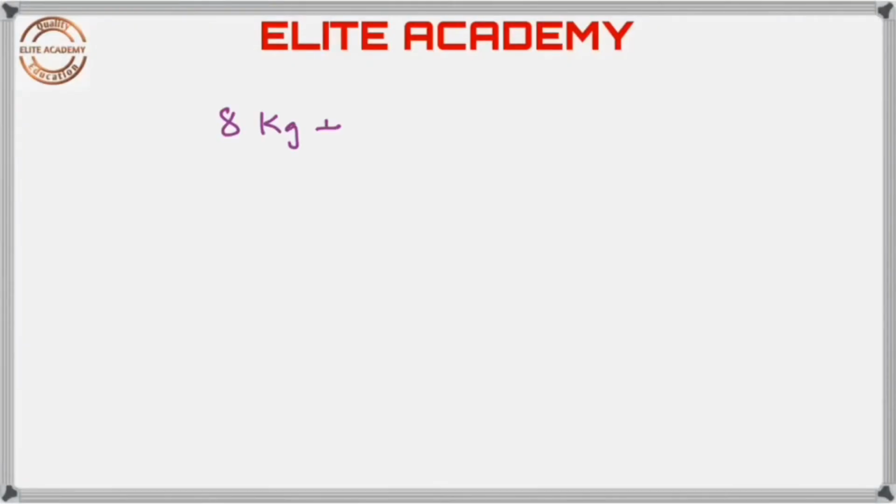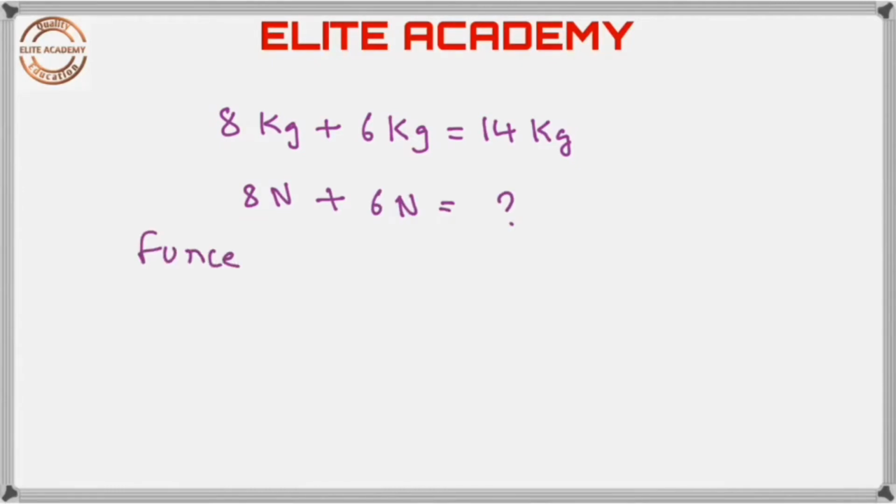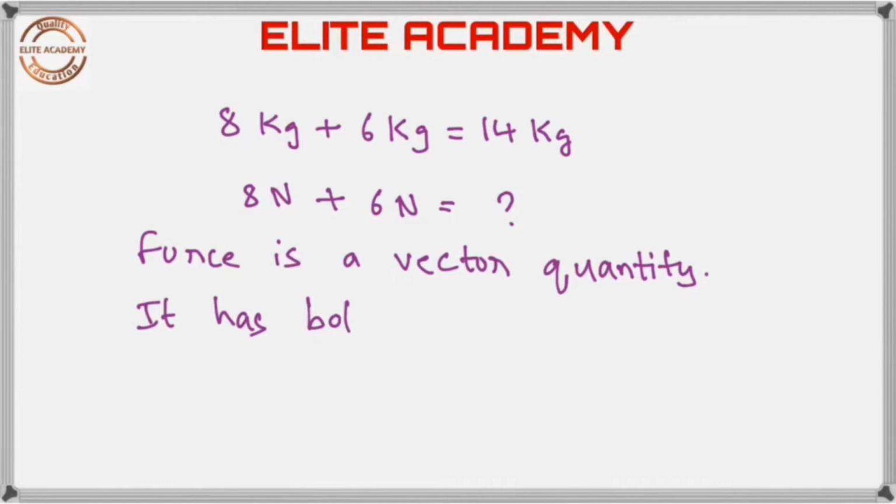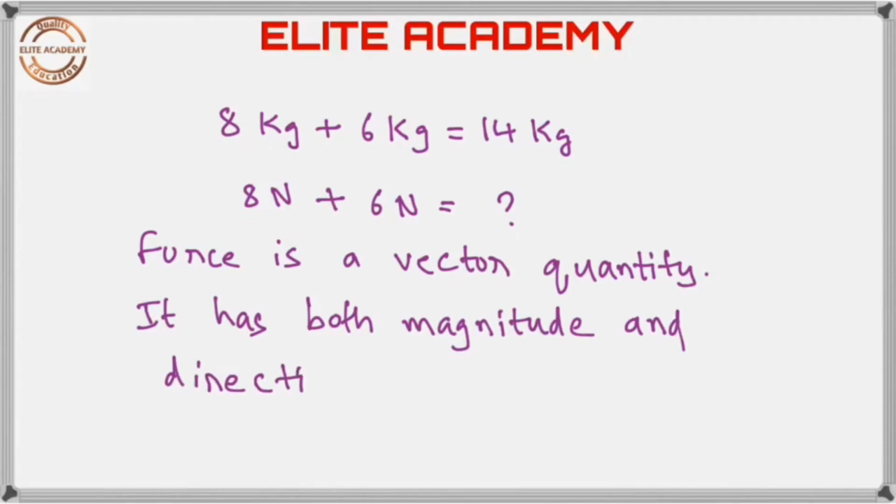So 8 kgs plus 6 kgs is always 14 kgs. In the same way, we cannot add 8 newtons plus 6 newtons because they are forces. Force is a vector quantity. It has both magnitude and direction.